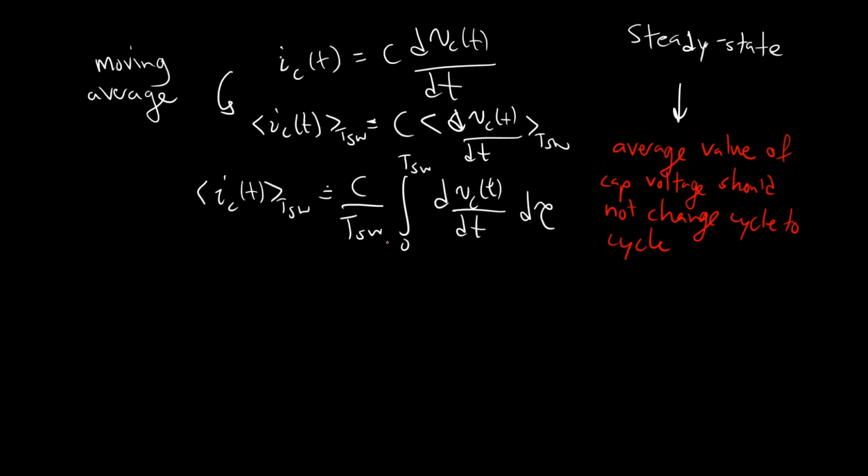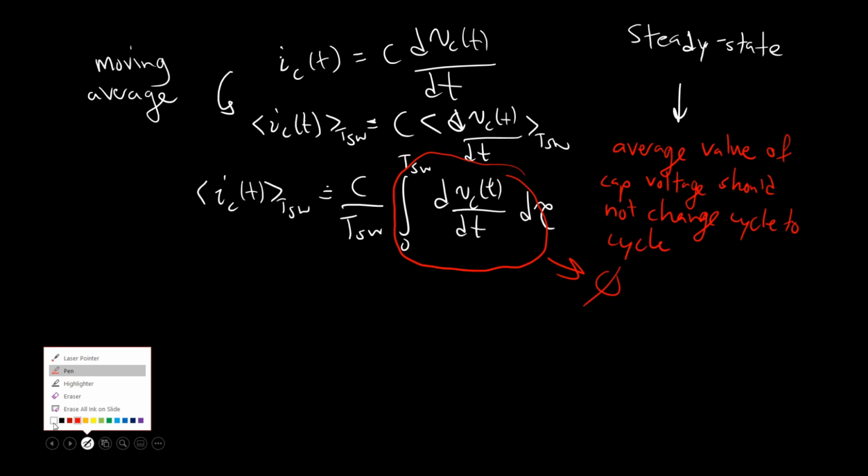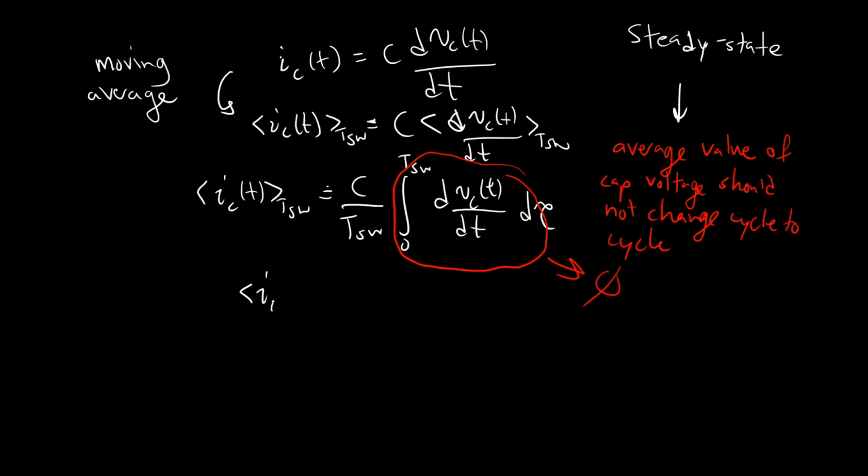In other words, the average change of the capacitor voltage over one switching cycle is 0. So again, that means that this integral, if we're operating in steady state, must be 0. The change in capacitor voltage averaged over one switching cycle is equal to 0. And if you write this out in this nice way, the average of IC of t over one switching cycle is equal to 0. This is capacitor charge balance.